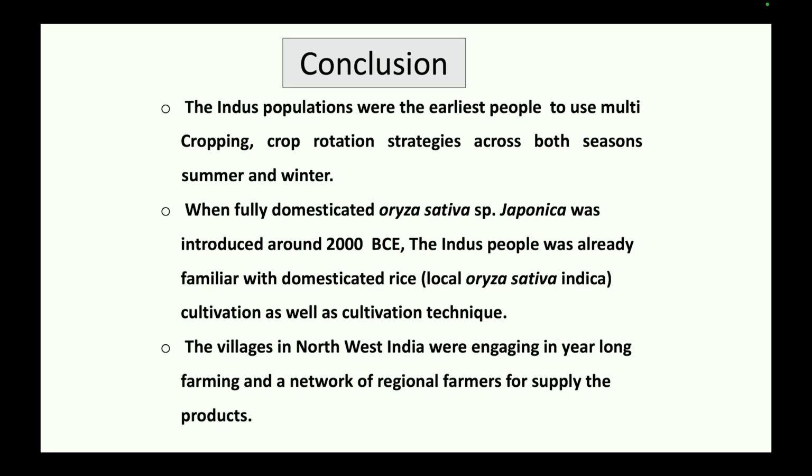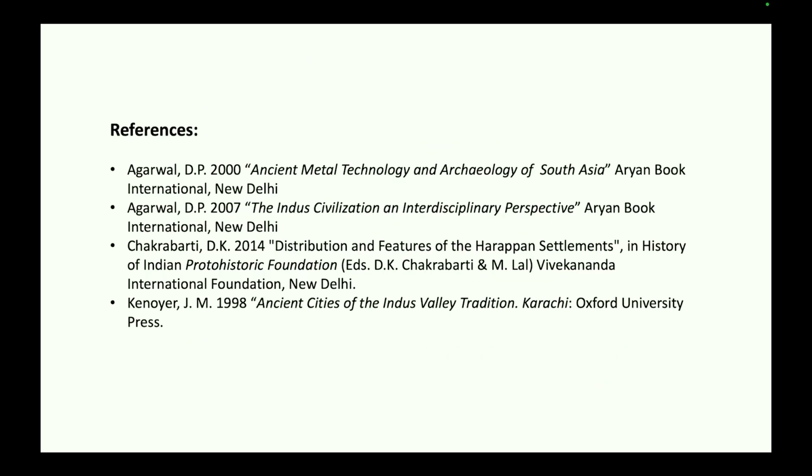The Indus people were already familiar with domesticated rice, local Oryza sativa indica, and its cultivation techniques. The villages in northwest India were engaged in year-long farming and a network of regional farmers supplying the products.